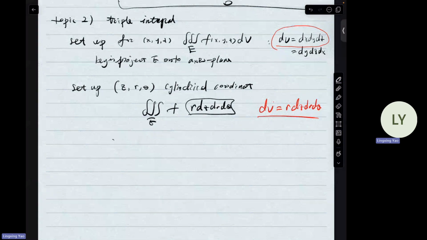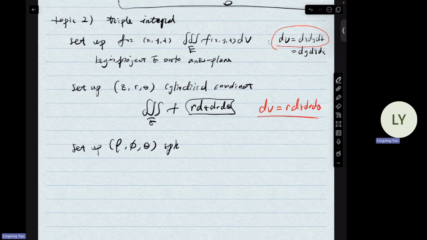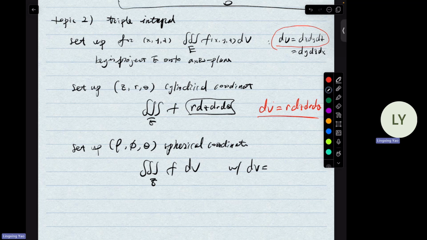And then also we need to have the triple integral in the spherical coordinate. All right, so there we need to set this up with dv equals rho squared sine phi d rho d phi d theta.